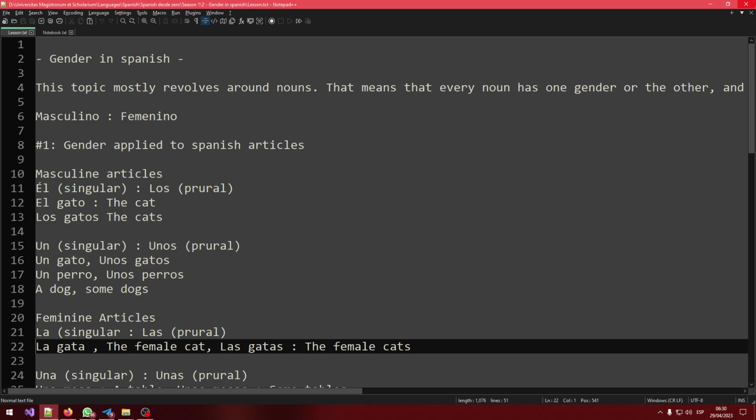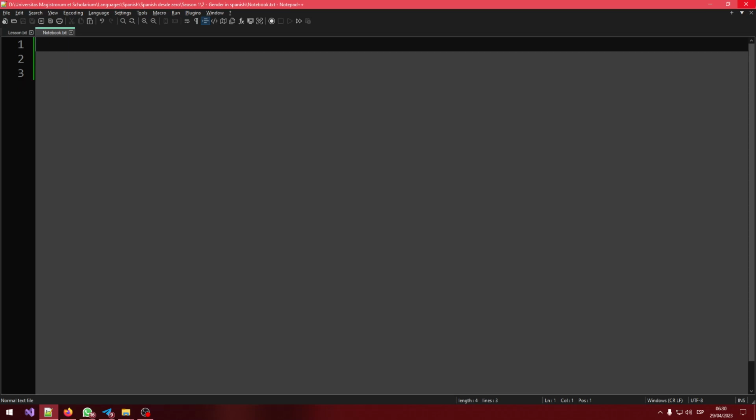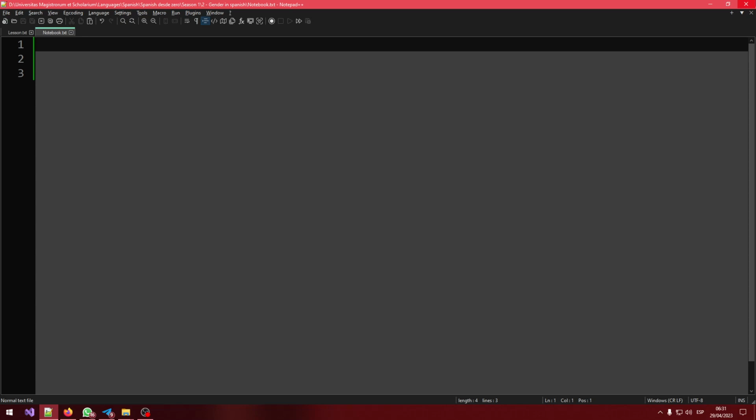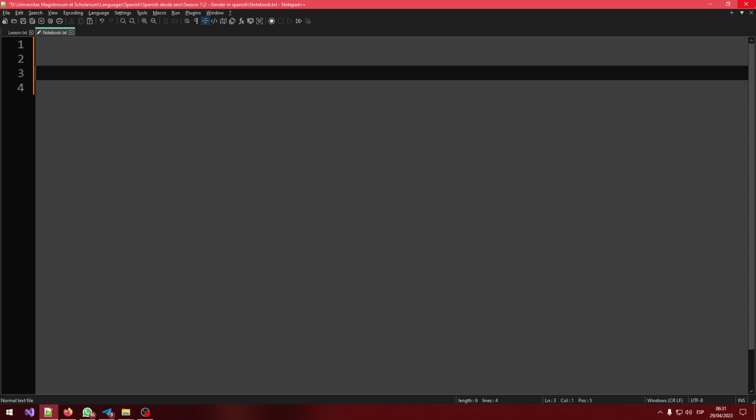Something you will notice about this topic, for example, in Spanish, most of the time, if you want to take a masculine noun to its feminine form, what you have to do is add an a to the end, or maybe change the o for an a. Most of the time feminine nouns end in a. Let's take a look at quick examples. Could be persona, which is a person.